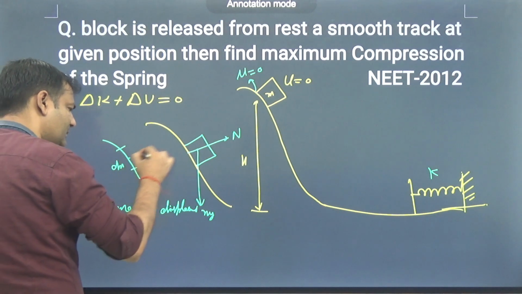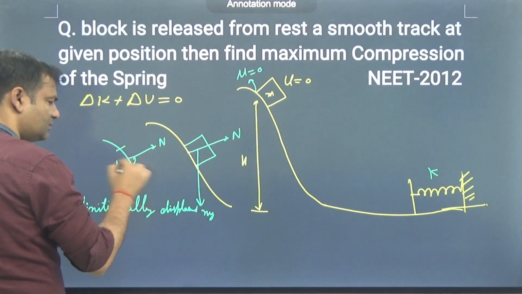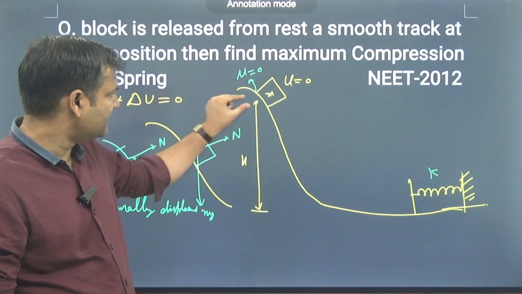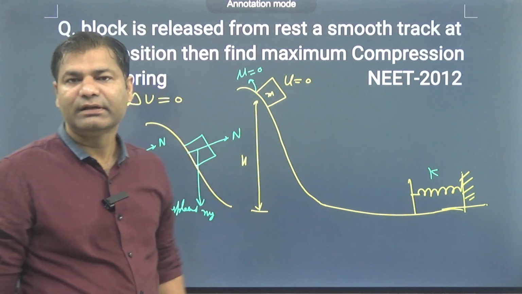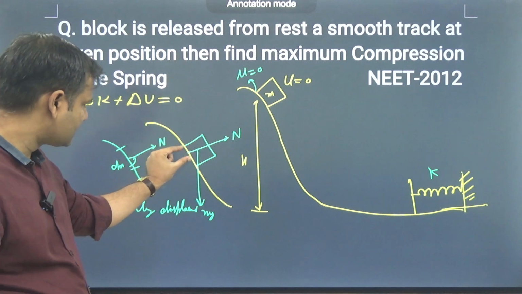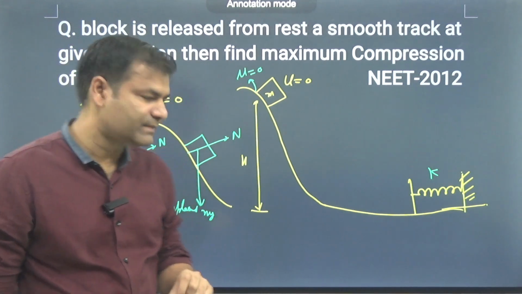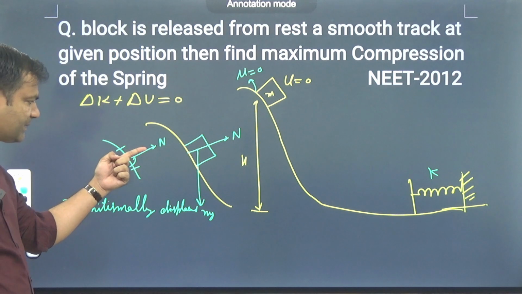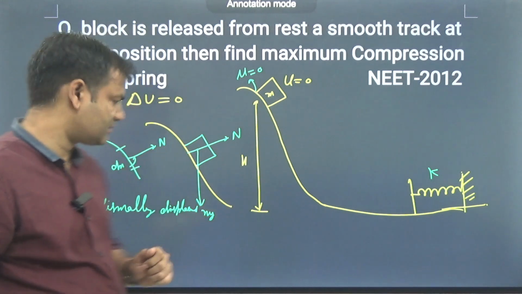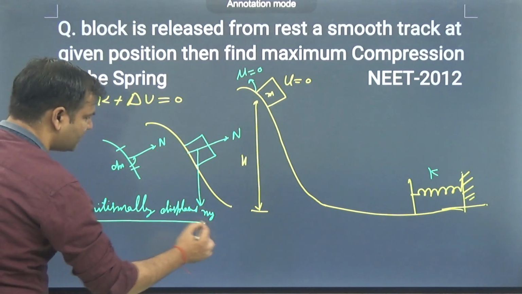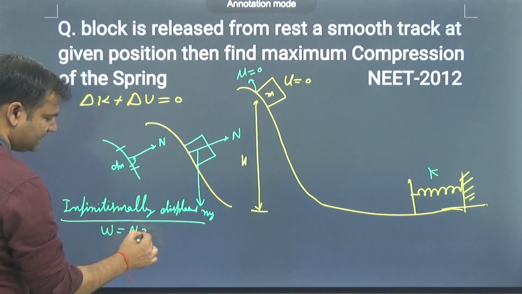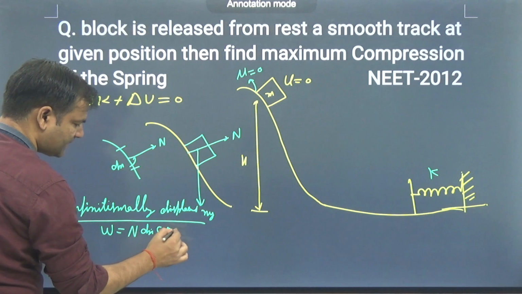In this duration, what about N? N is perpendicular to dx. At any point, for a very small displacement, the curve is represented by a straight line, and N is perpendicular to it. So the work done in this duration is 0, because of N into dx cos 90.